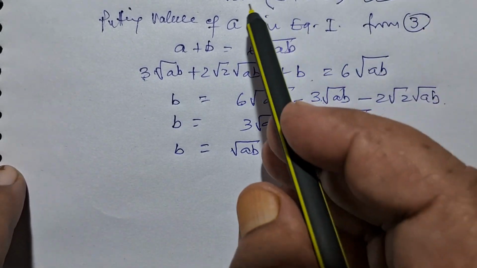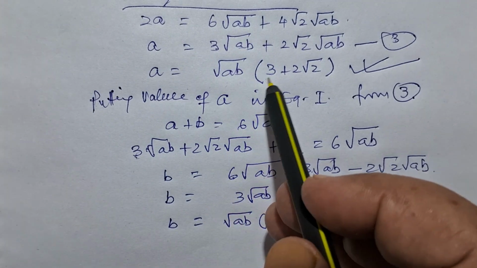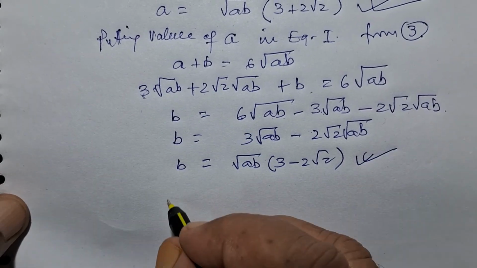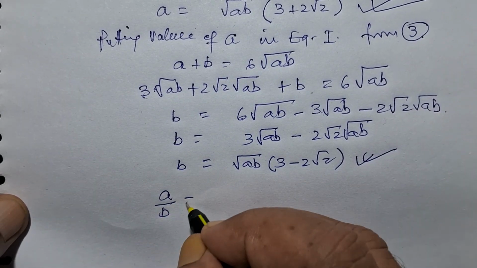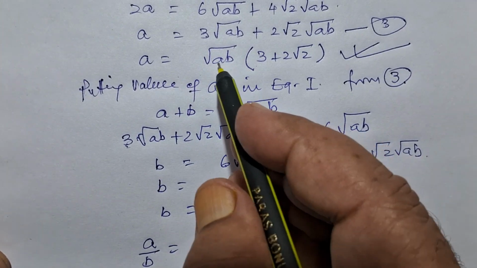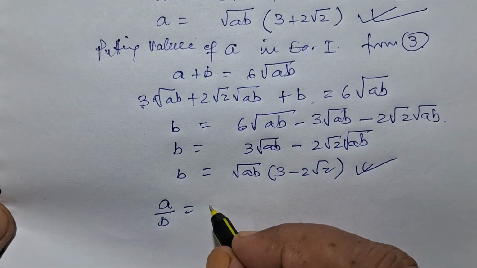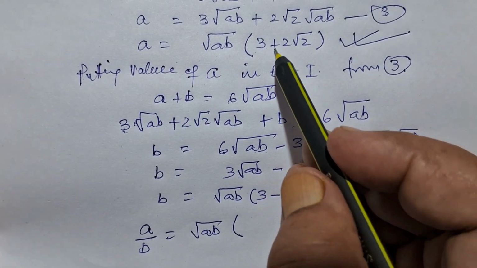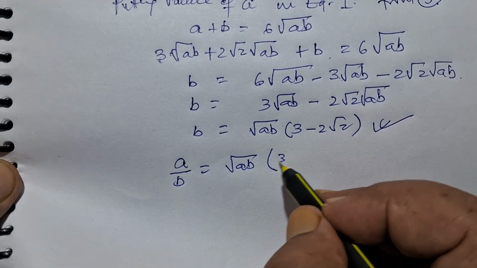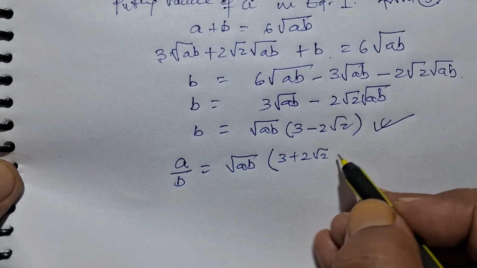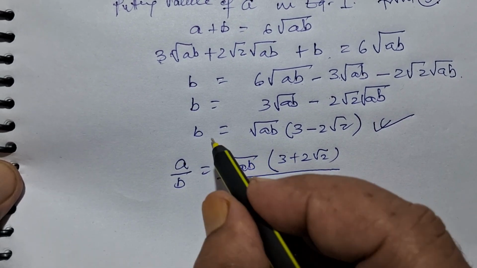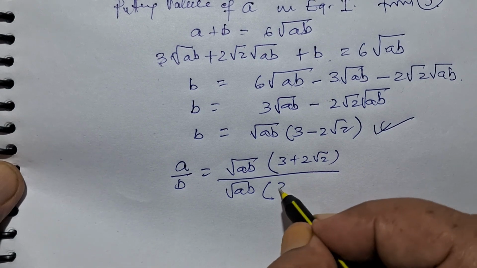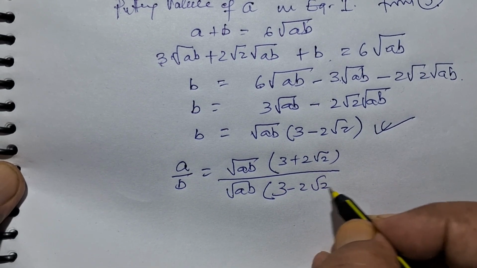Now a is here, and b is here. So a by b: a is root under ab times 3 plus 2 root 2, and b is root under ab times 3 minus 2 root 2, right?